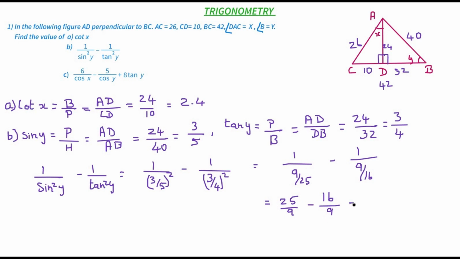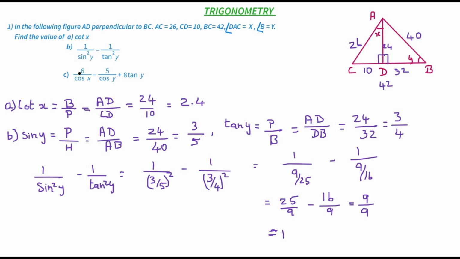So whenever we have the same denominator, we can directly subtract it. Whenever we have different denominators, those are unlike fractions, then we take LCM. So here no need to take LCM. So 25 minus 16, which is 9 again. So 9 by 9. So the answer is 1. So the answer for 1 by sin square y minus 1 by tan square y is 1.